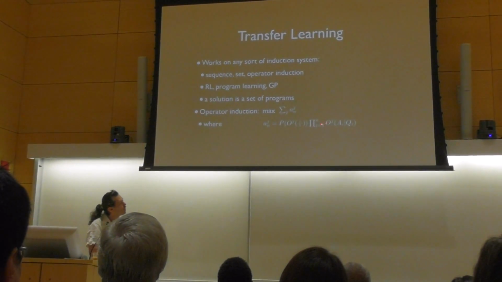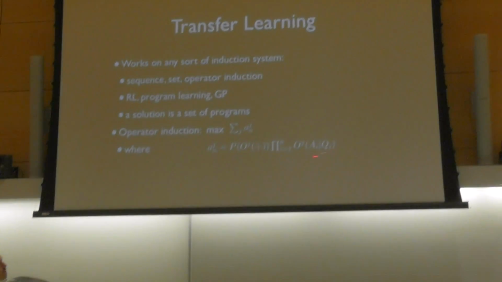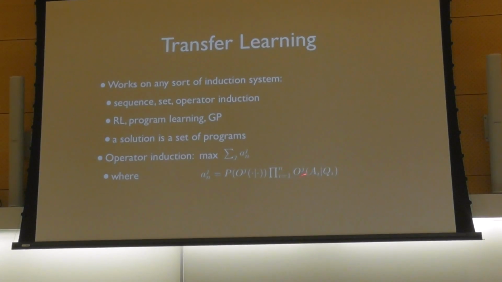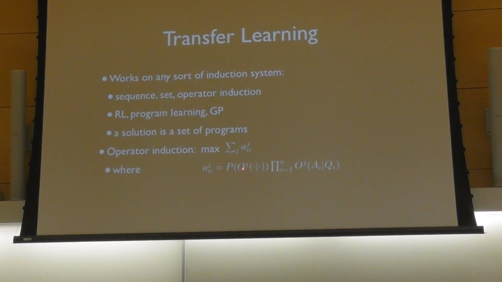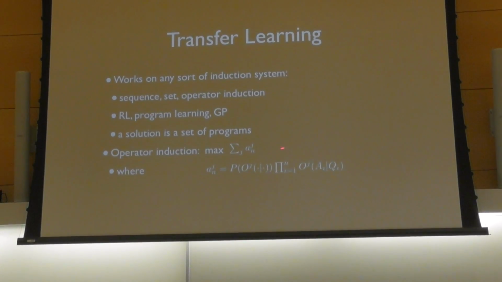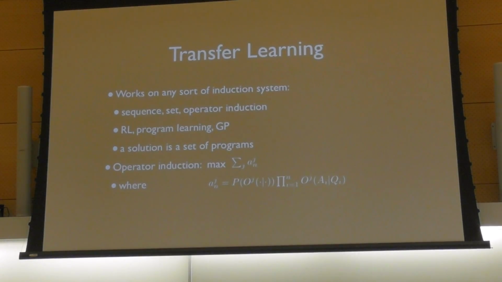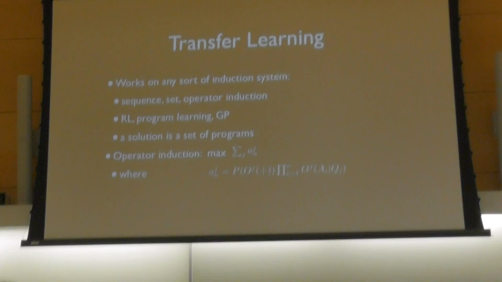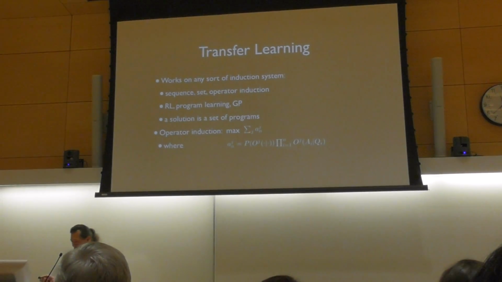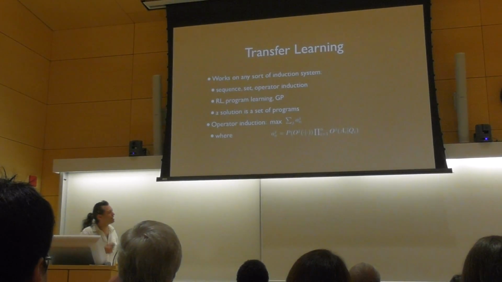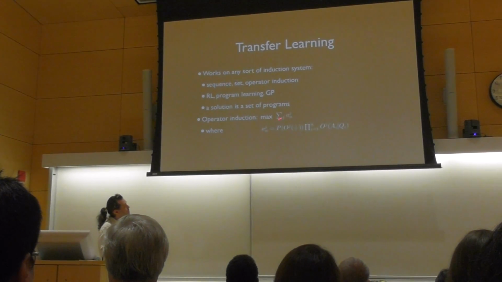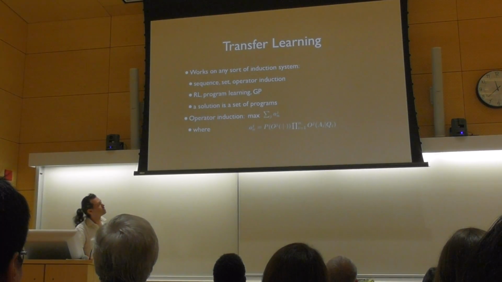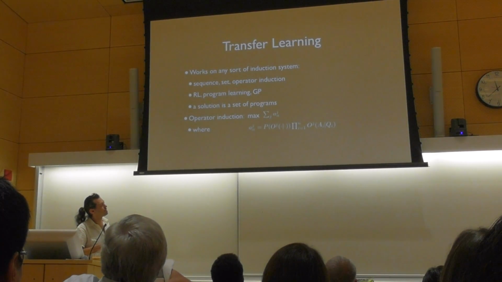So this term is measuring how well the model we found fits the data, and this term is the a priori probability of the model, and the more complex it is, the less probable it is as usual, and we're just trying to maximize the summation, which means we're trying to find as many models as possible.